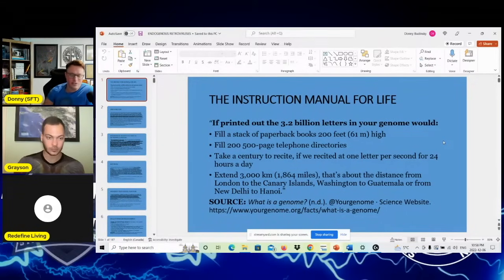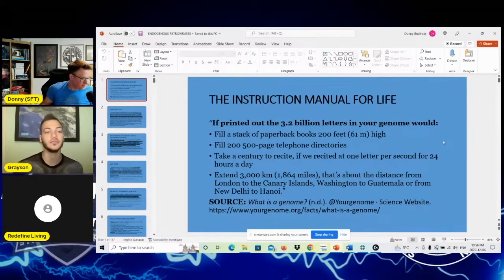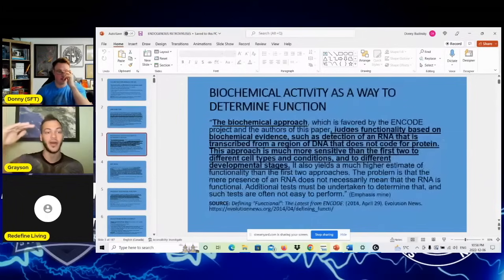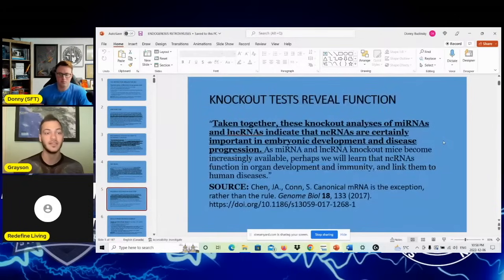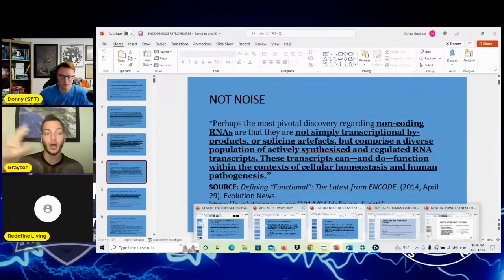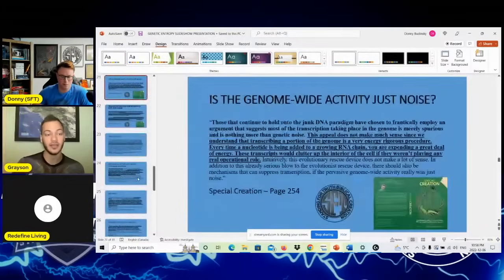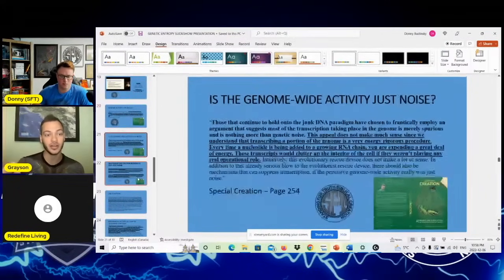I said a lot there, Grayson, so take your time. Okay, so first, you said you're talking about the ENCODE results. I would just point out that ENCODE itself came out with how much each of these regions is being transcribed. They put out the rates of these transcriptions, and we see that about 70% of that 80% number, so 70% of all of the transcribed RNA that ENCODE measured, was at a concentration of about 1 transcript per cell.